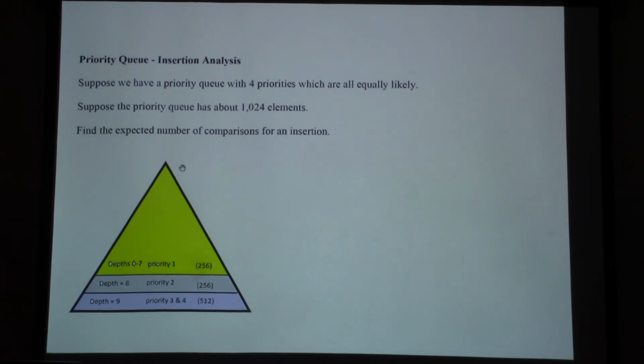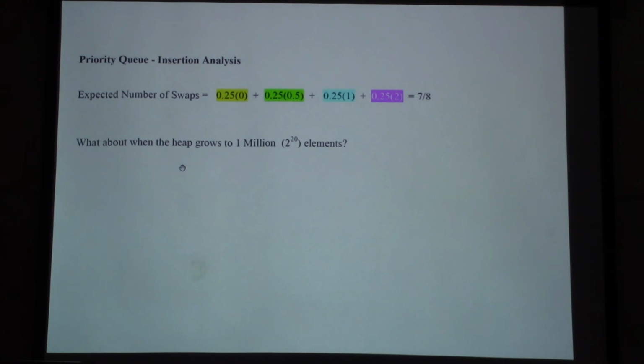Okay? If I have a 3 coming in and it goes under a 3, it stays. But if it goes under a 4, it swaps. Since there's equal likely number of 3s and 4s, there's a 50% chance it'll require 1 swap, 50% chance it'll require 0 swaps. On average, half of 1 and 0 is half. So a quarter of the time, it's going to be, on average, half a swap.